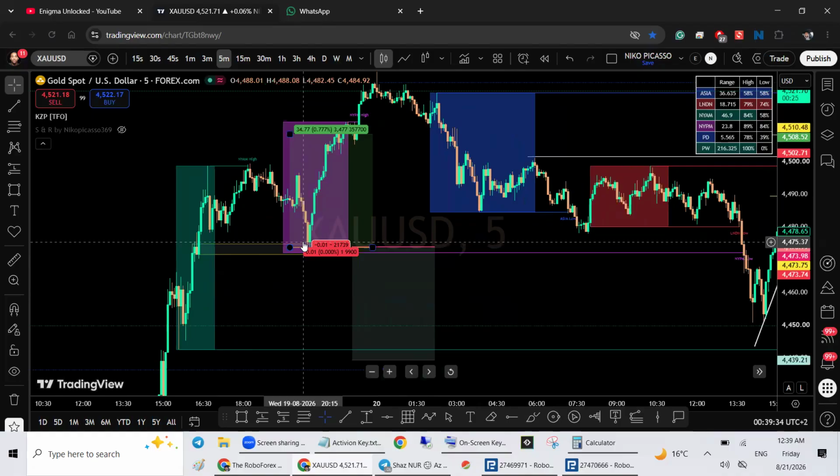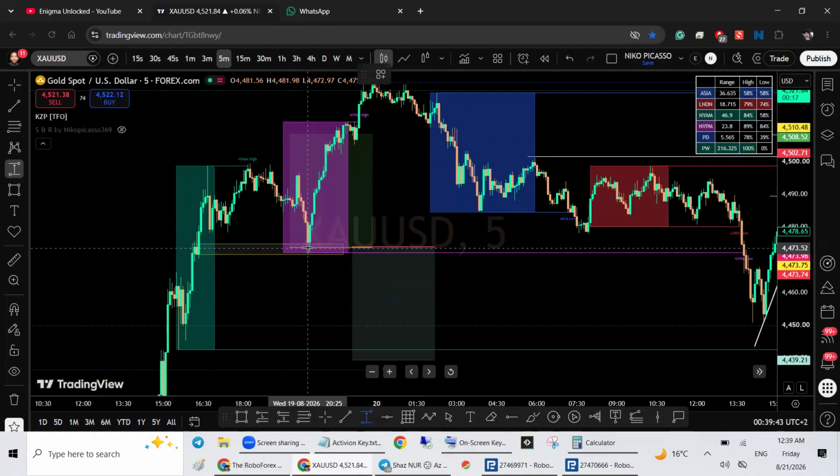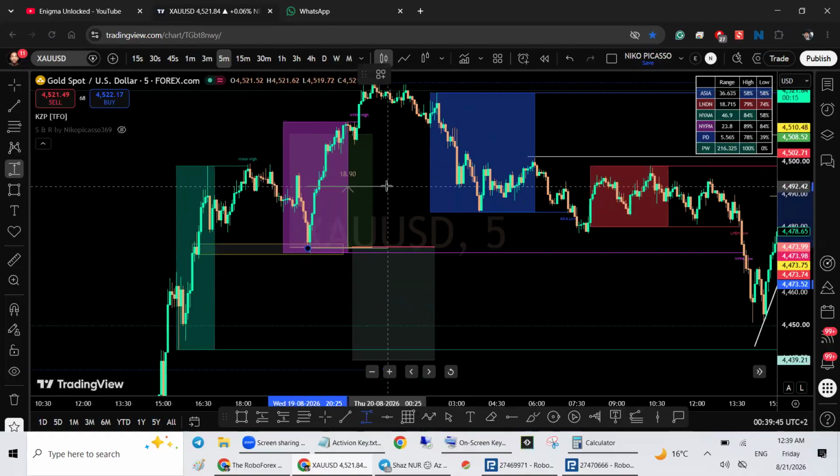So it's not aggressive. And I'm selling the same lot size. Whenever the price starts to go up, like I said, I only need this amount of move, an $18 move from gold. So that's an $18 move to double my deposit of $600. So by the time price reached here in three candles, I already made 1,200. I'm done. Withdraw that and then start again. That's it. If that doesn't make sense to you, that is not my problem.